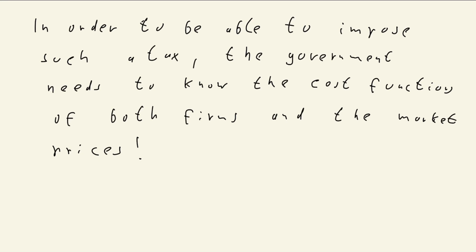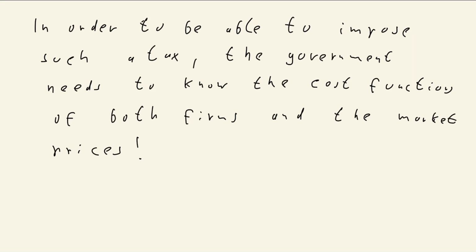The government needs to know about the form of the cost functions and the market prices. Knowing the market prices is not a very crucial assumption, because this is something that a government could estimate quite easily, I would say, or at least it's easier than knowing about the cost functions.